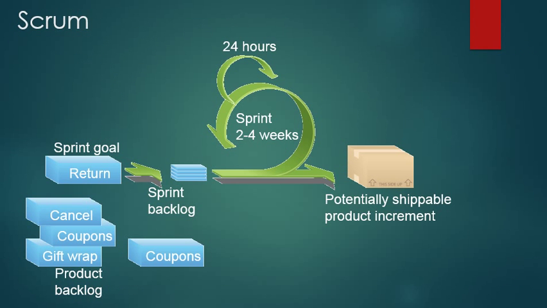And now we can see the process of Scrum in the picture. It begins with product backlog, which is quarterly transferred to sprint goal and sprint backlog, which goes to a sprint, 2 up to 4 weeks, and at the end we have a potentially shippable product increment.